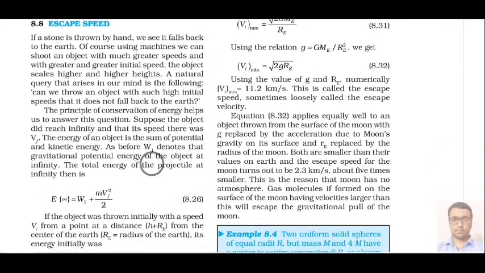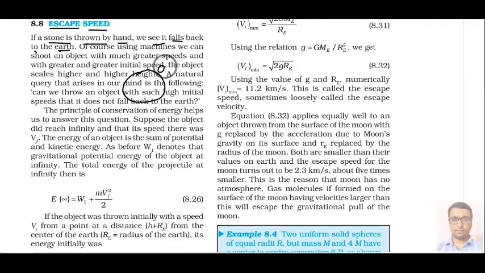Next topic we have to understand is escape velocity. Escape velocity is defined like this: if we throw a stone by hand, it will fall back. So what is escape velocity?